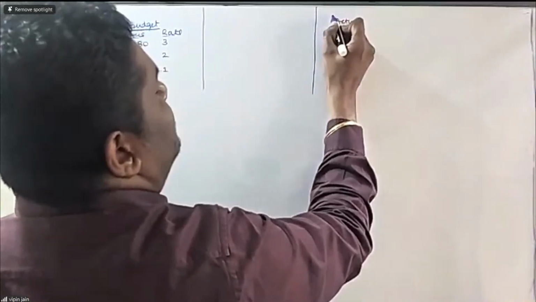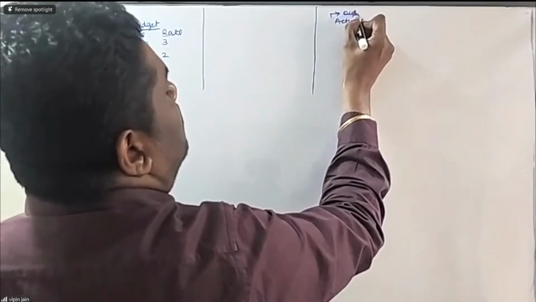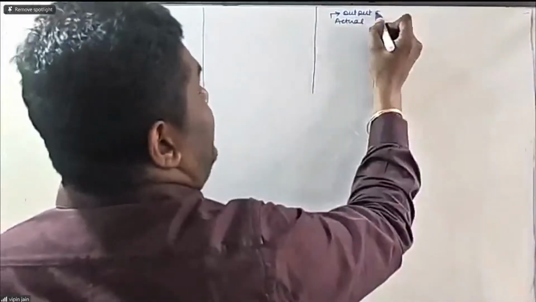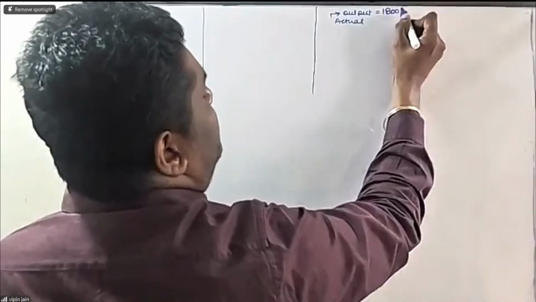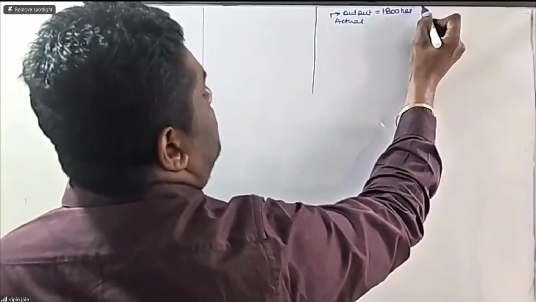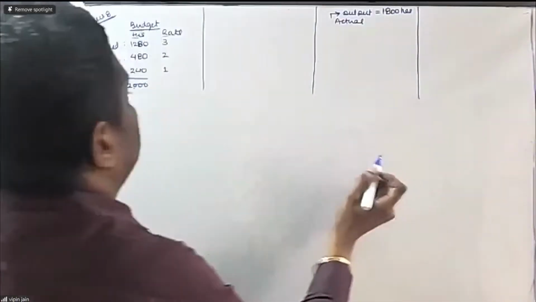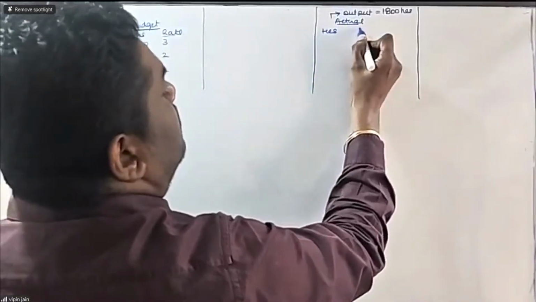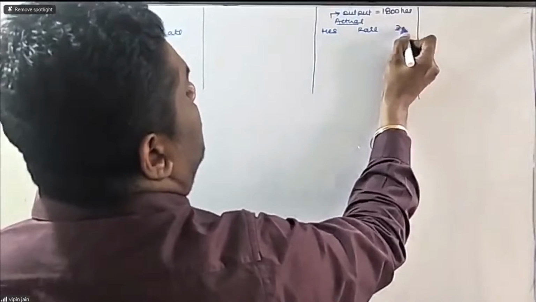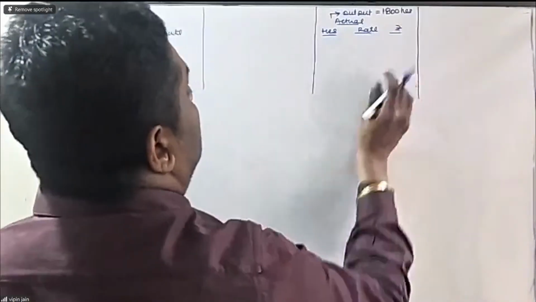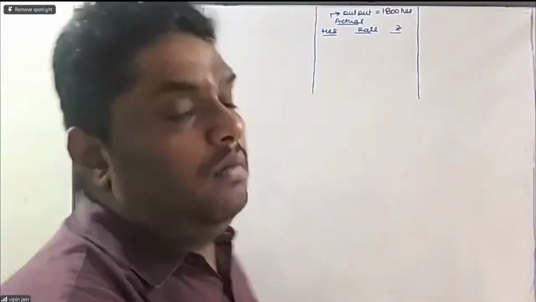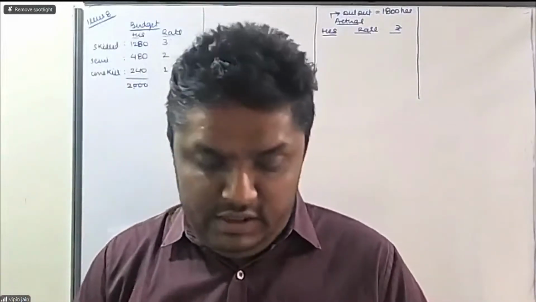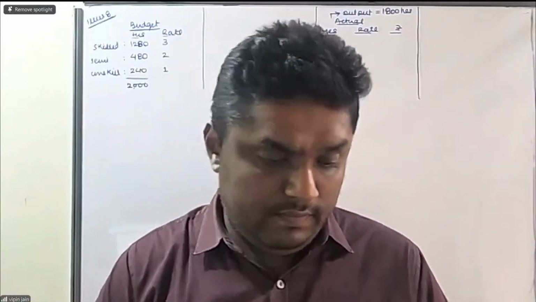The actual output is given. That is 1800 hours of output is generated. Further, the actual work is given, that is 28 into 40.